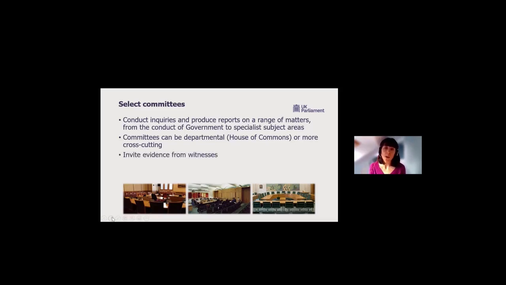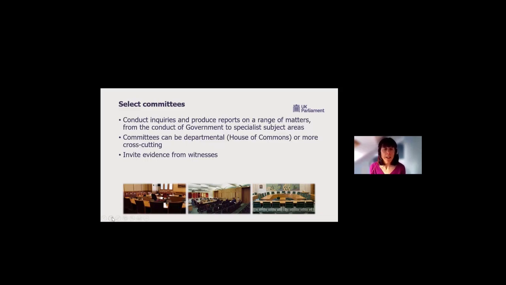So the way these committees work, I mentioned that they invite evidence on particular subjects. I'll just pause on the word evidence here, because it doesn't mean what you as a researcher might take evidence to mean. It doesn't mean what we might call evidence in a court of law. Evidence to a select committee is anything submitted to an inquiry that it's running. So it could be a report from a particular charity or organisation working in that area.